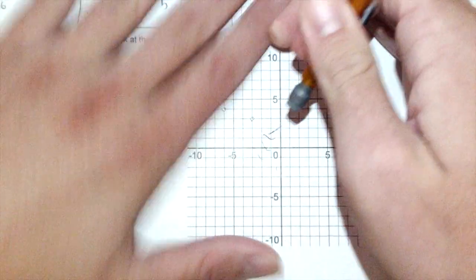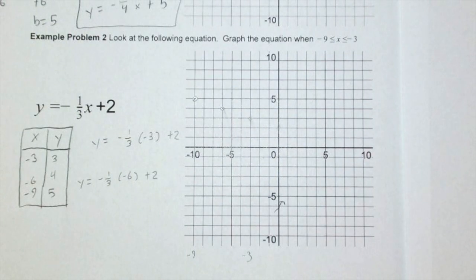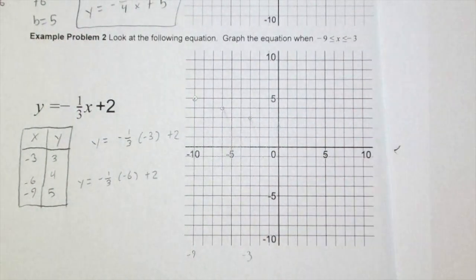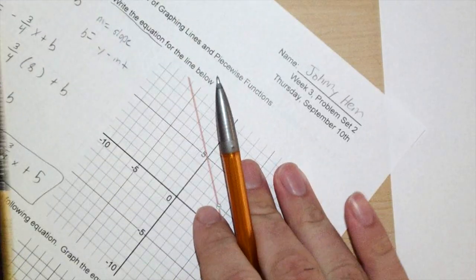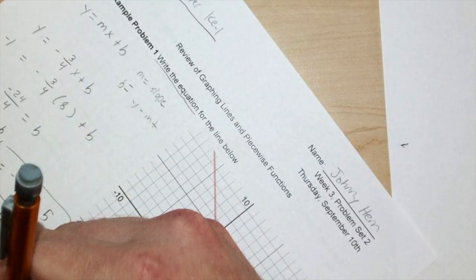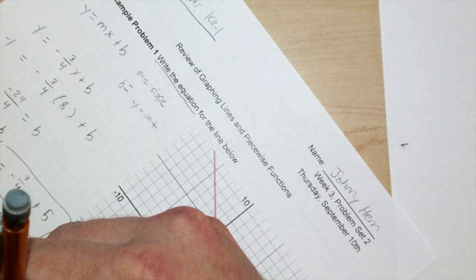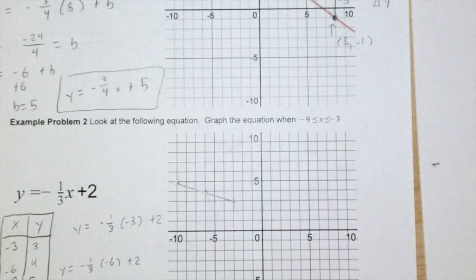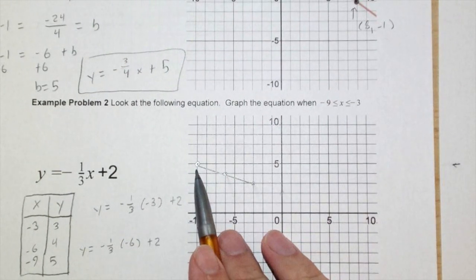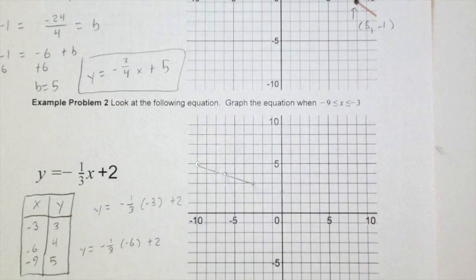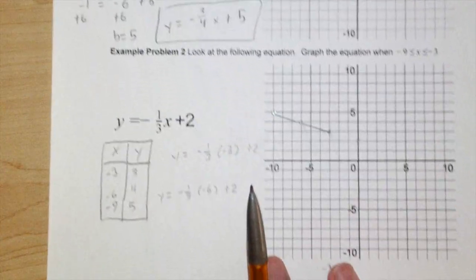But I'm just trying to show you that you have a lot of options here. Okay? So that would be that part. Let me graph it. And we definitely don't put arrows here because it's just from this interval, -9 to -3. So that's all I'm going to do right now.